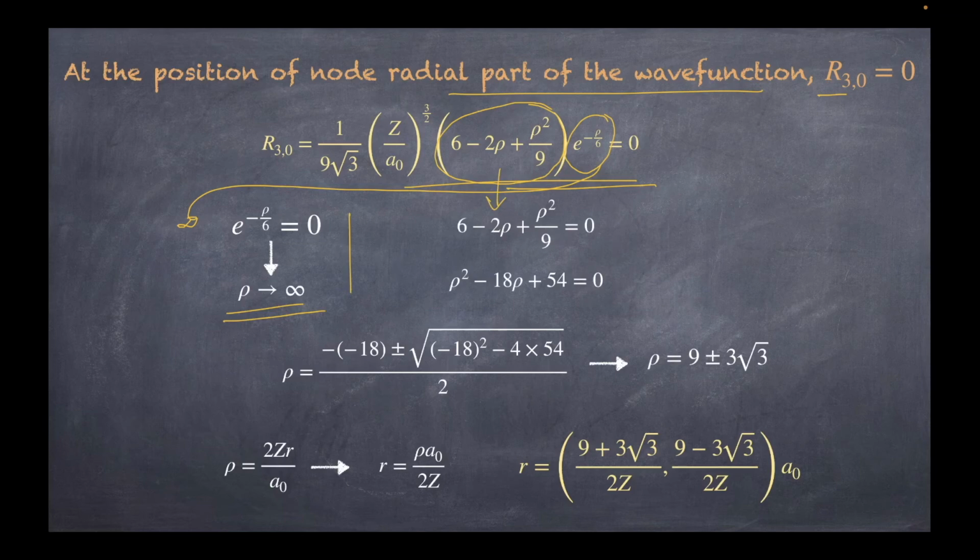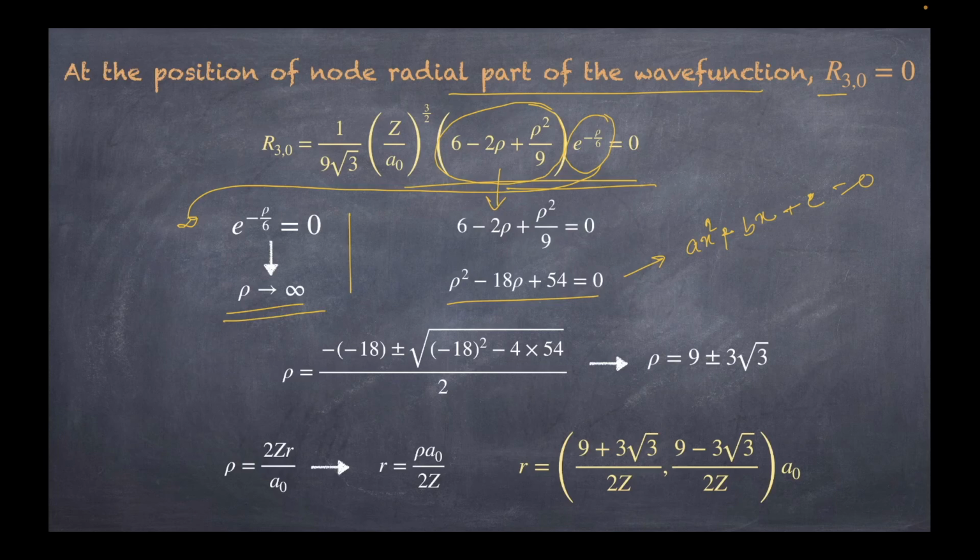After rearranging this, we can get rho square minus 18 rho plus 54 equals 0. Now we can compare this with the expression ax square plus bx plus c equals 0, where a, b, c are the coefficients and x is the variable.